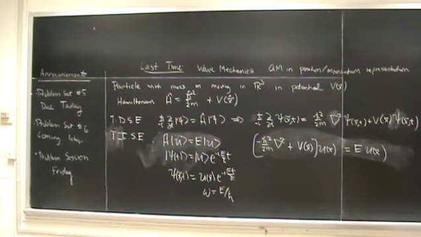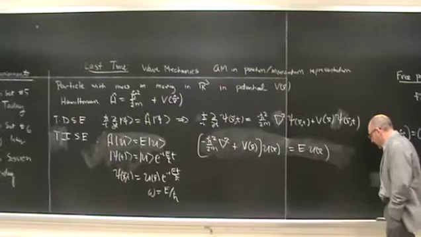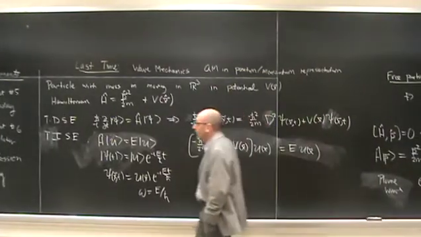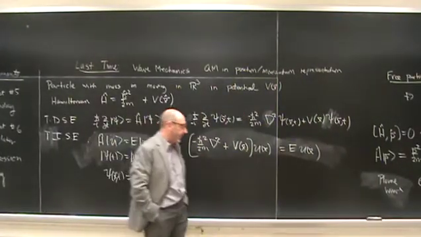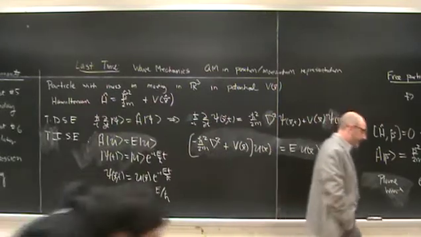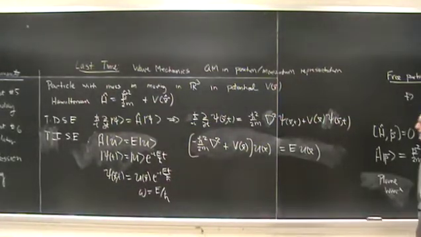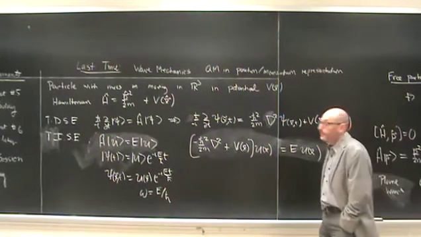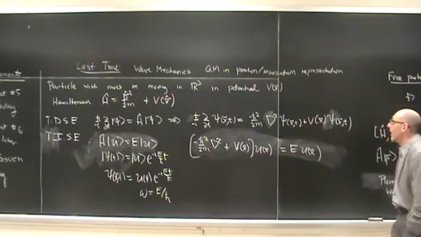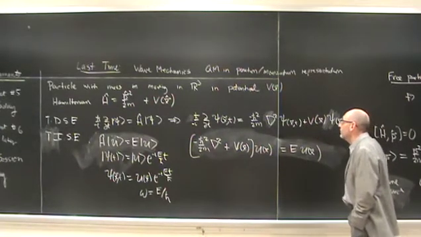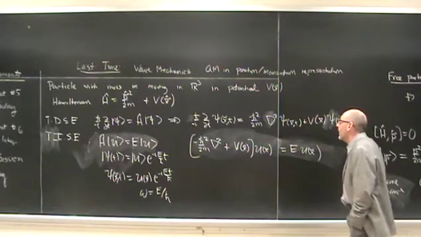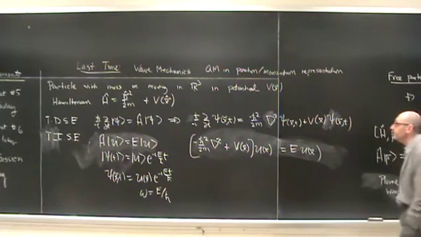And the time-independent Schrödinger equation, which tells us about the stationary states, i.e. the energy eigenstates of the system, takes the form of a time-independent wave equation.